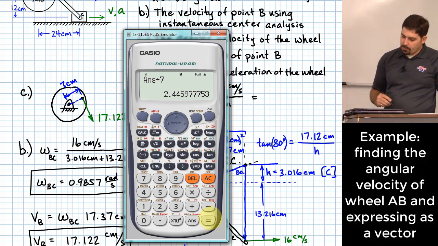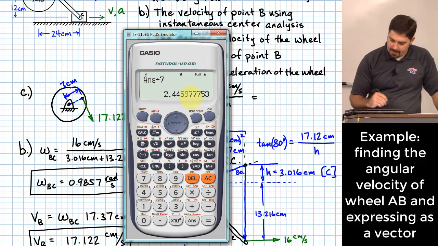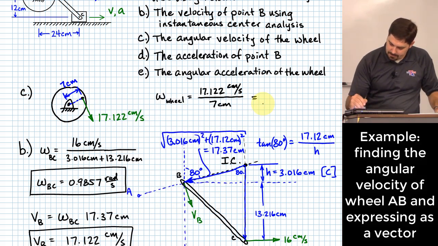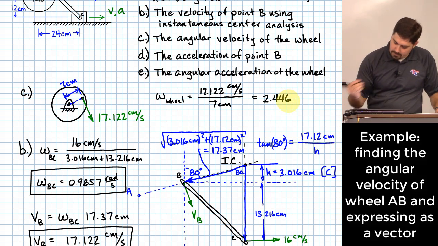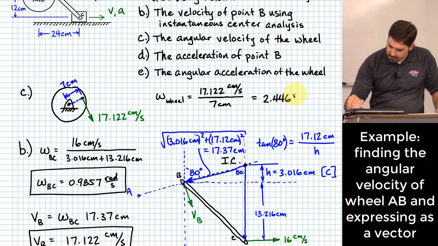Which gives me 2.4459, say 2.446. Okay, radians per second.